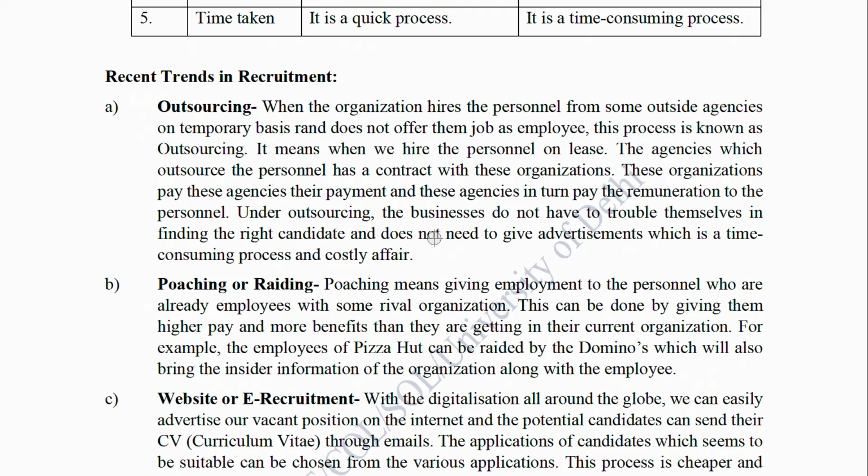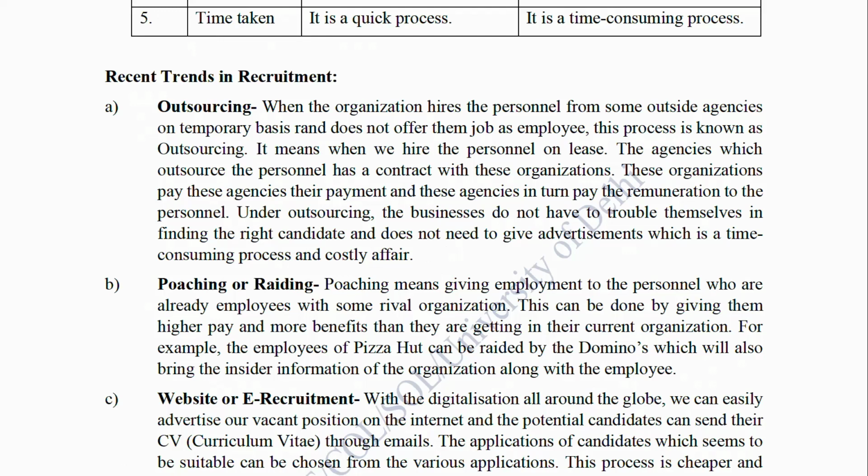Number 1, outsourcing. When the organization hires personnel from some outside agencies on a temporary basis and does not offer them a job as an employee, this process is known as outsourcing. It means we hire the personnel on lease. The agencies which outsource the personnel have a contract with these organizations.